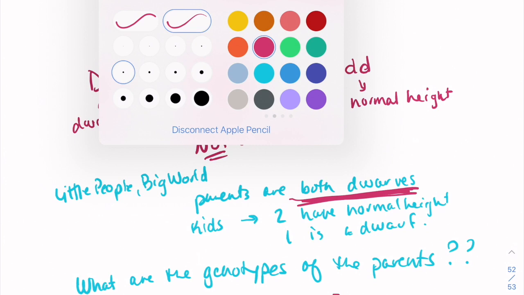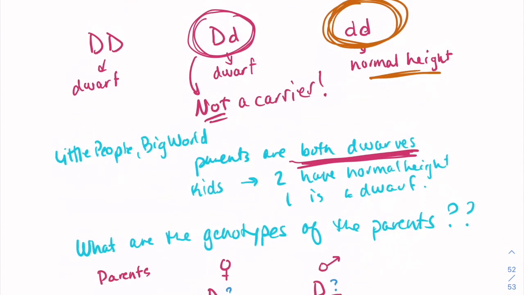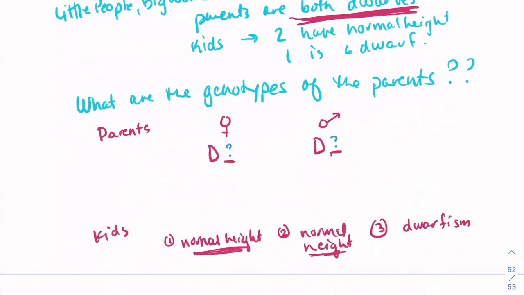And if you said homozygous recessive, ding, ding, ding, you're correct. The only way to have a kid with normal height is for that individual to have 2 recessive alleles. So they are homozygous recessive, both of them.